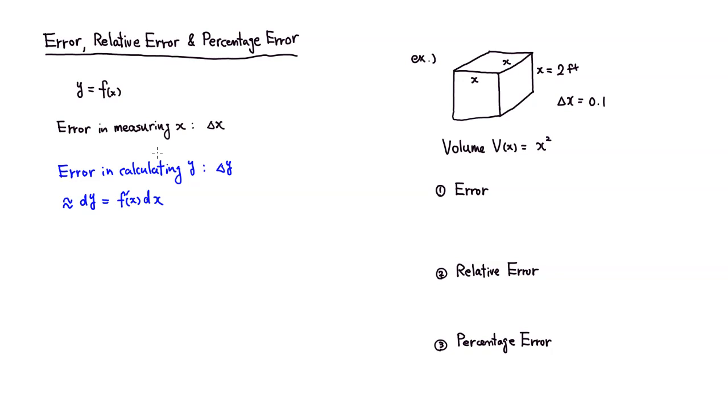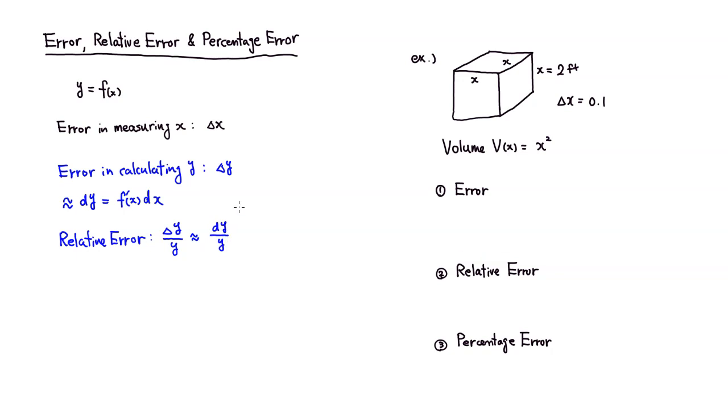And this will give you the error in calculating the y value. But for relative error, you just divide this error by the size of y. So this is called the relative error, which is delta y with respect to the size of y, which can be approximated by dy over y.